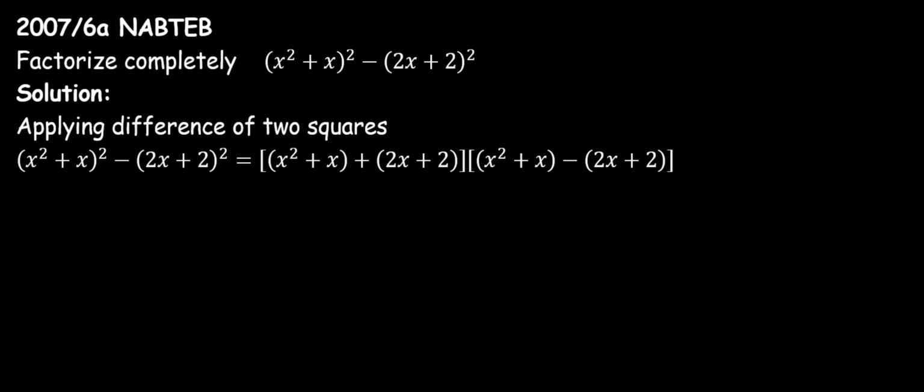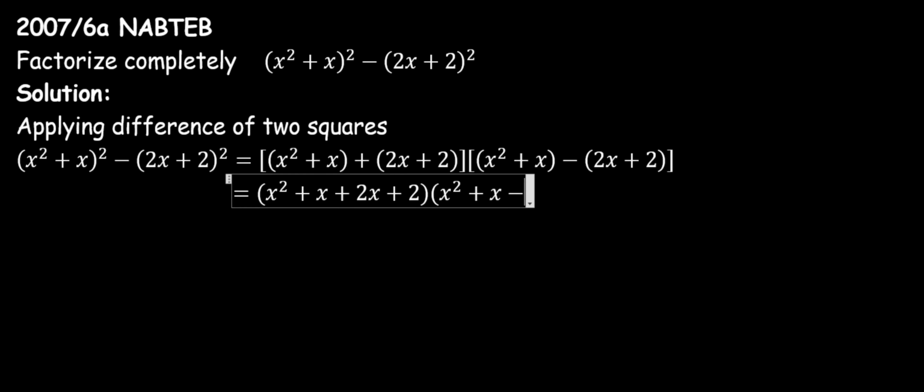What we have just done is applying our difference of two squares to the two items given. And for the result, we open up the brackets. So we now have (x² + x + 2x + 2) into another bracket, (x² + x − 2x − 2).